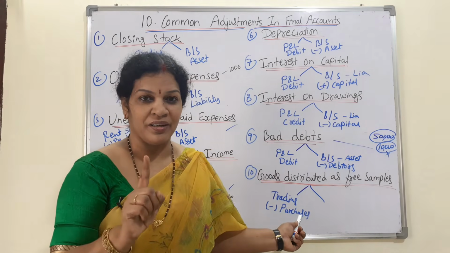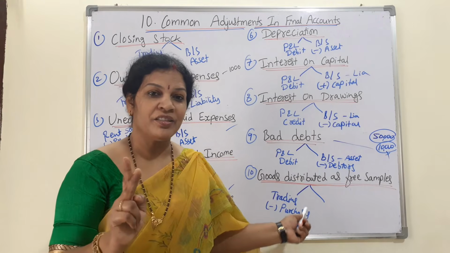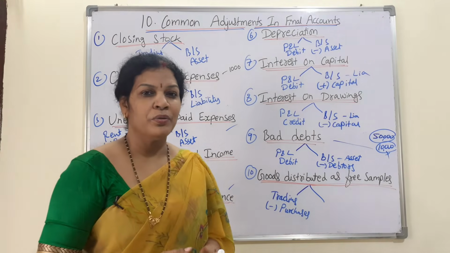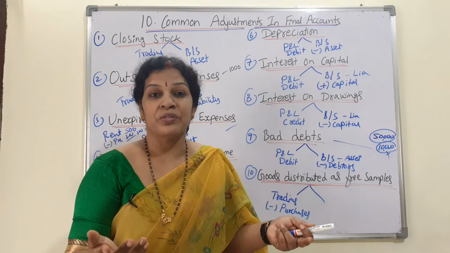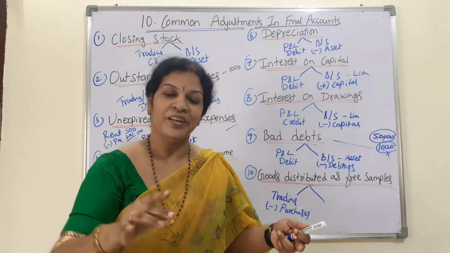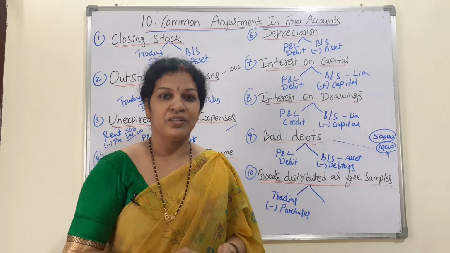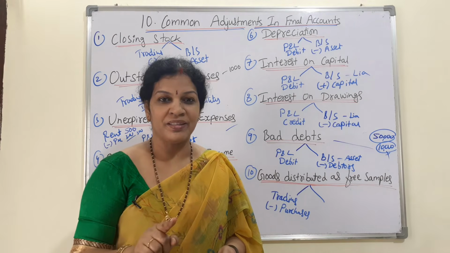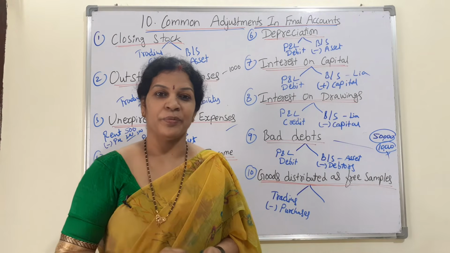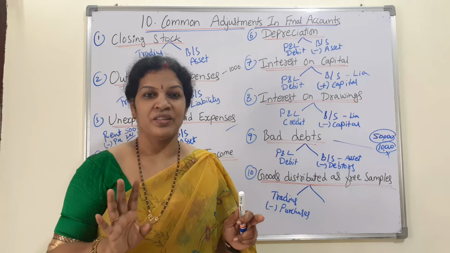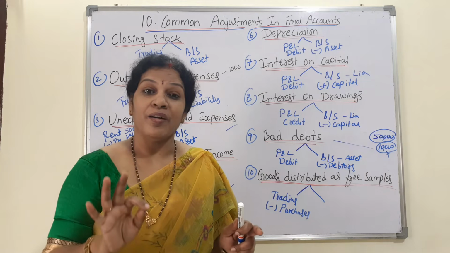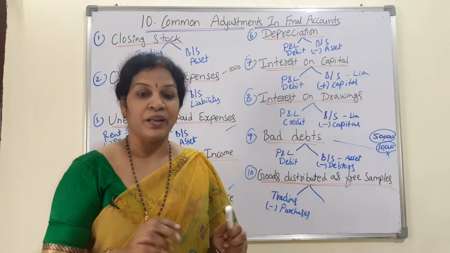This is one effect. The second effect: whenever you are distributing goods on free sample basis, not selling, we are not getting anything. So it is a loss. That loss we have to mention on the debit side of the P&L account.